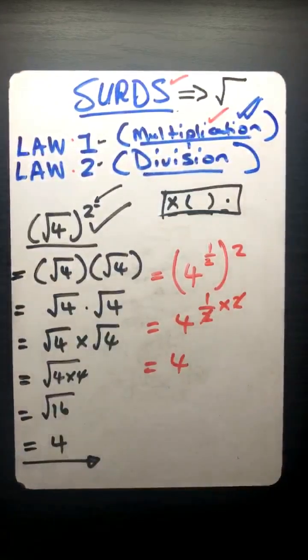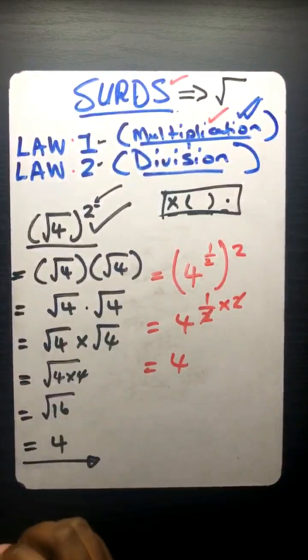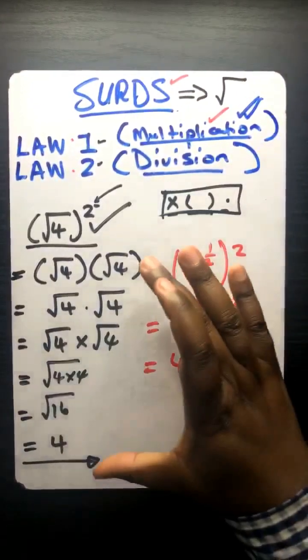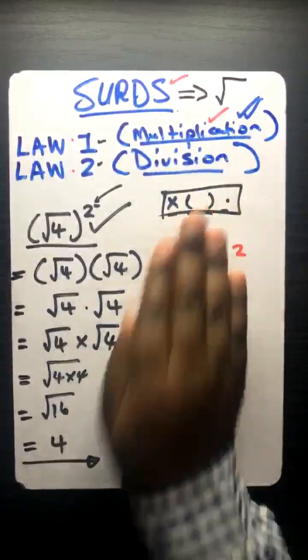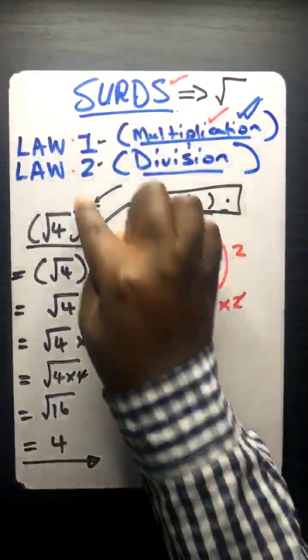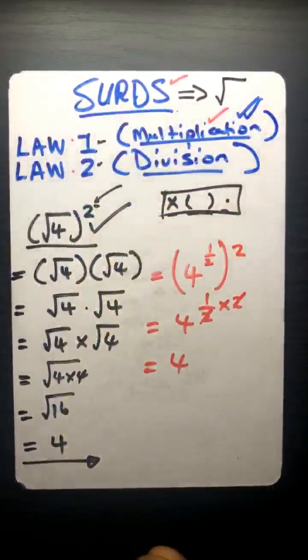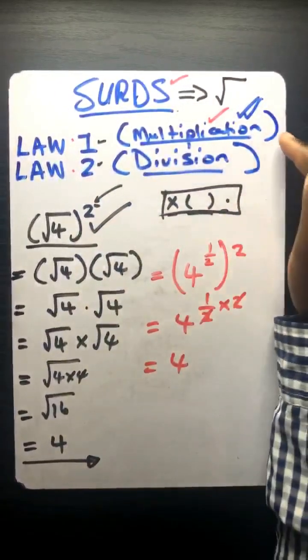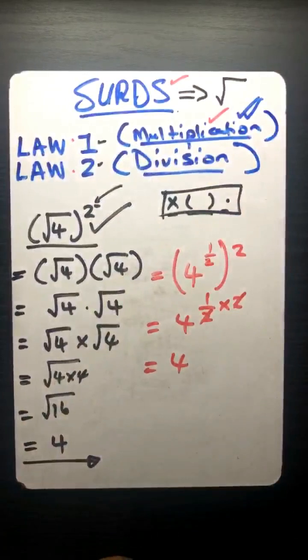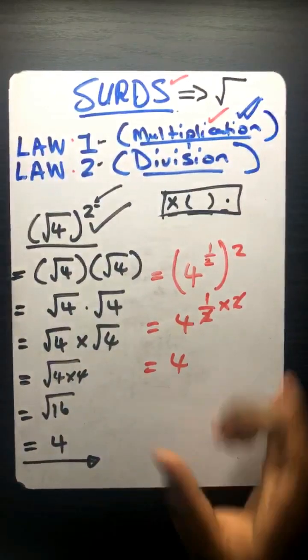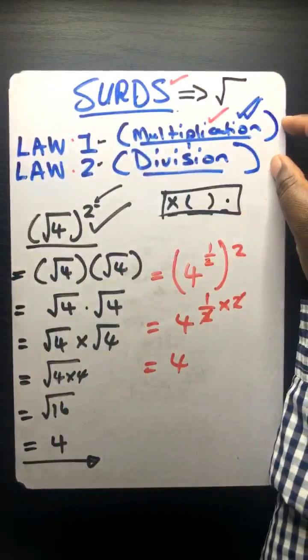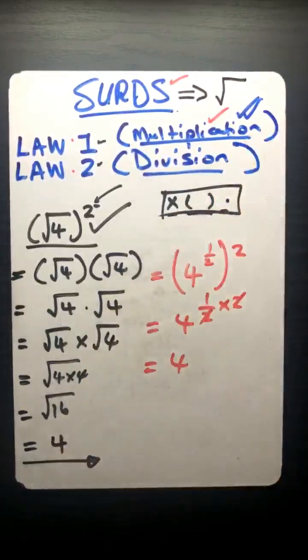But in this case, remember, we are trying to apply those laws. That is why we wouldn't take that shortcut, but instead try to follow the process where we apply those laws. Can you see? Yes, sir. So it is for that reason that we are just trying to make sure that we abide by the laws.